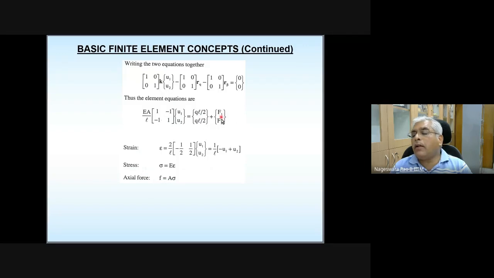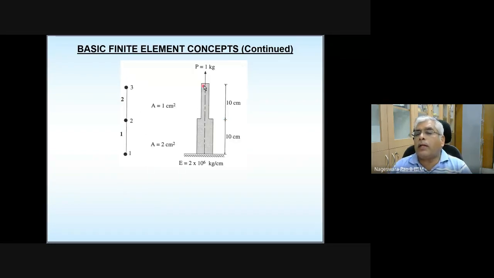And depending on the loads applied in a particular element, in element 1 you don't have F1 and F2, so this vector is also going to be 0. In element 2 you have F1 equal to 0, and F2 is the second node of element 2, where a load of 1 unit is applied in the upward direction.